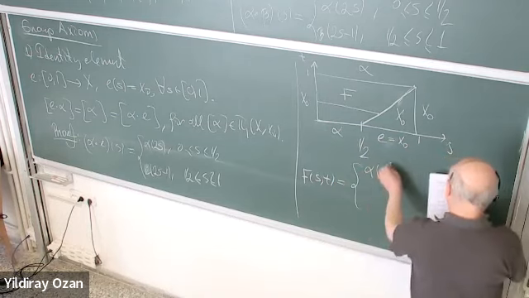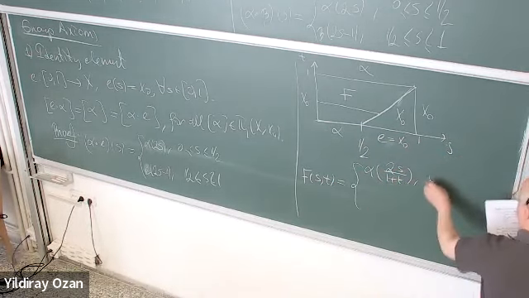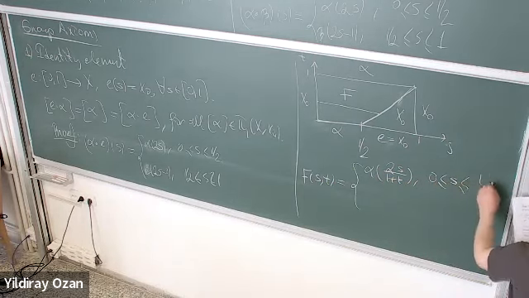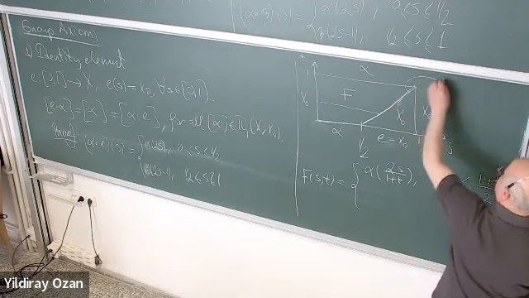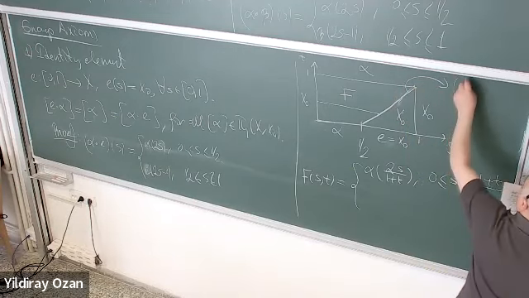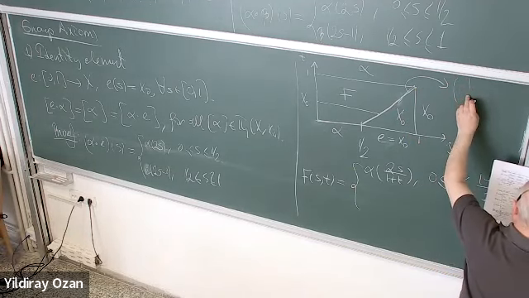Alpha of 2s divided by 1 plus t, as between these two. Here, this is the line parameterized as follows.